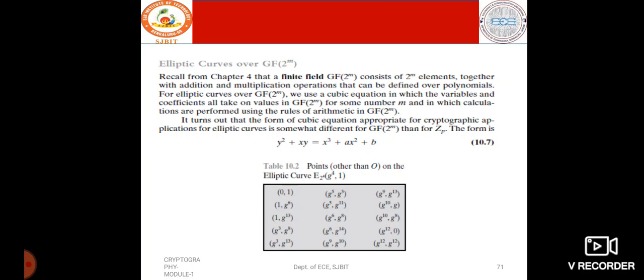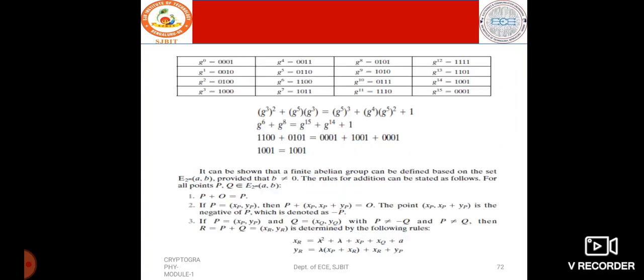So here we can see the points other than O on the elliptic curves, for different values. It is understood that the variables x and y and the coefficients a and b are elements of GF(2^m), and that calculations are performed in GF(2^m). As an example, let us use the finite field GF(2^4) with the irreducible polynomial f(x) equal to x to the power 4 plus x plus 1.